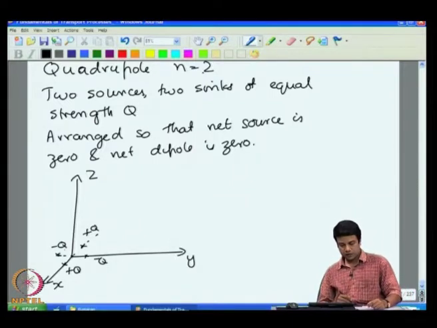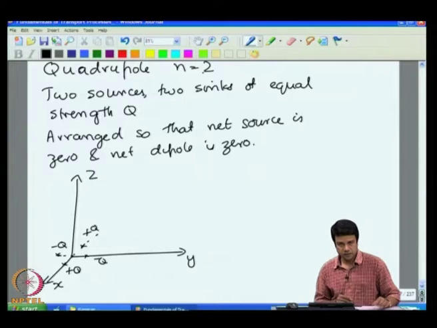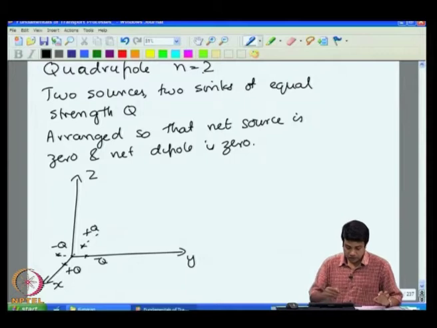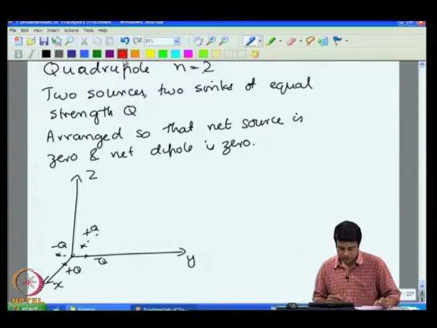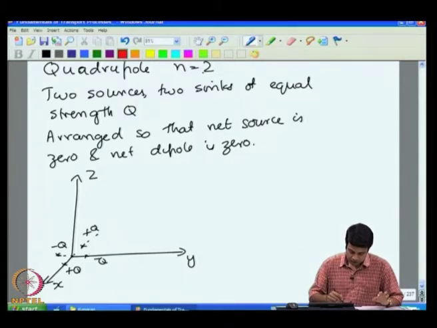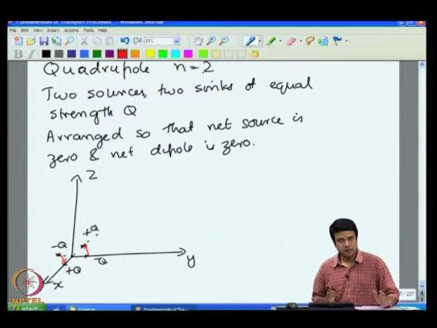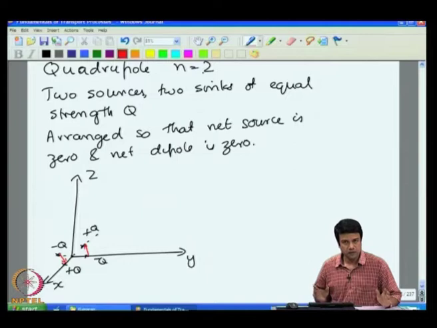You have 2 sources of plus q and 2 sinks of minus q, that means that the net source is identically equal to 0. However, in addition you have 2 dipoles here which are actually in opposite directions. So, this dipole is in this direction, this one is in this direction. That means that if you go sufficiently far away, the net dipole moment is identically equal to 0.